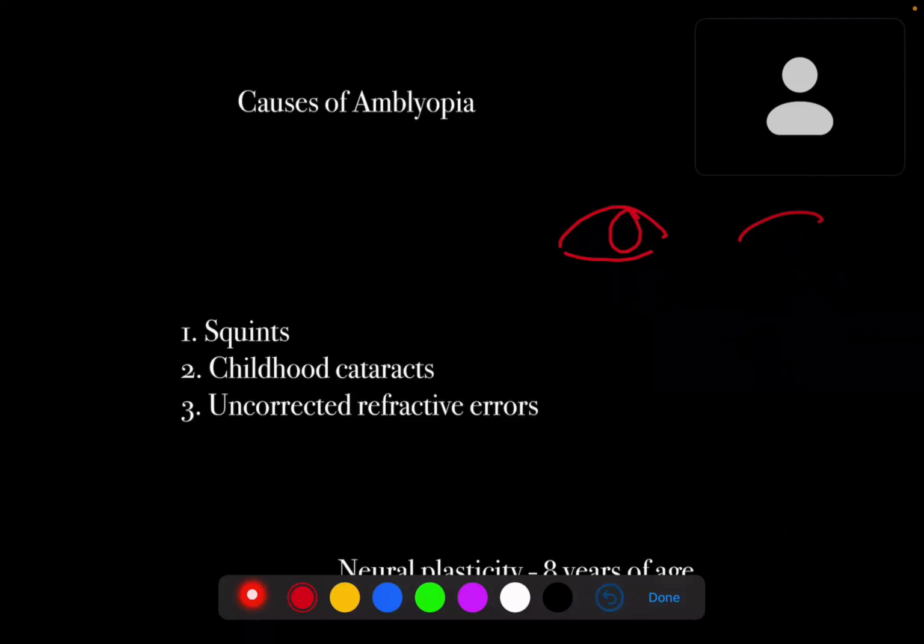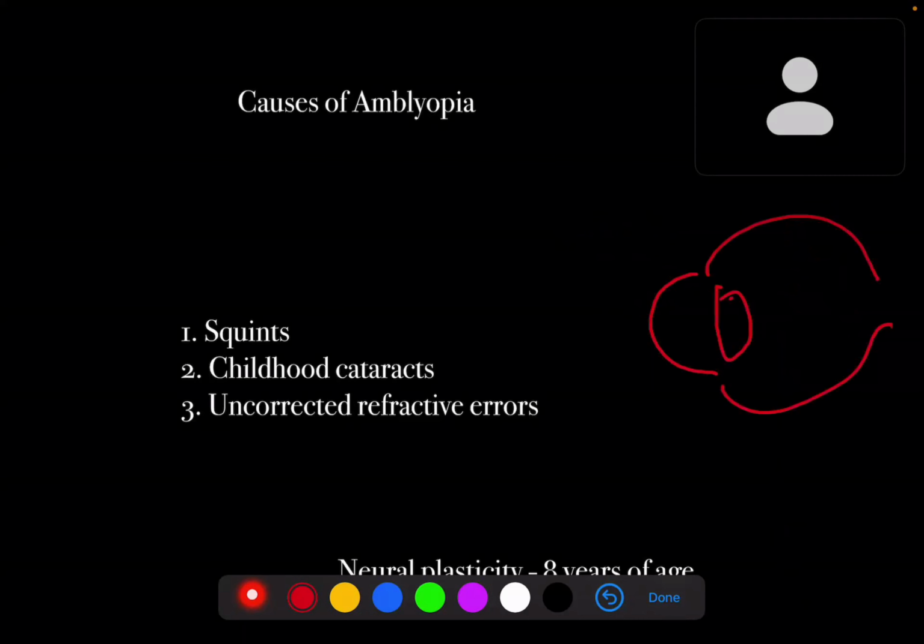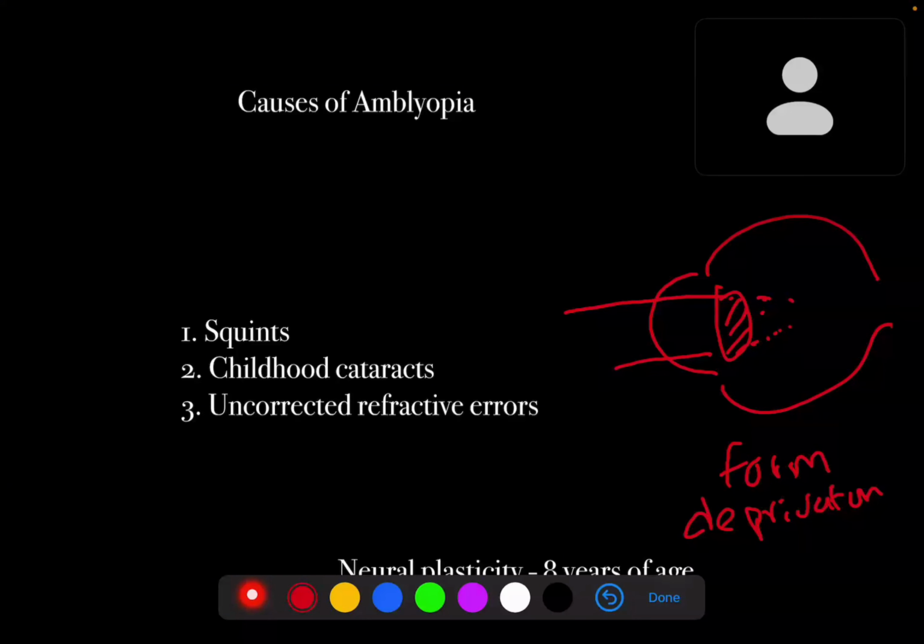Then childhood cataracts. So you have your eye, then you have a lens, and there's a cataract here. Now what happens? The light cannot go inside, and therefore there will be form deprivation. There's no form for the eye to develop. I told you at birth there's a bit of hypermetropia, and because of this, there will be increased axial length development in the eye to mature to adult levels.